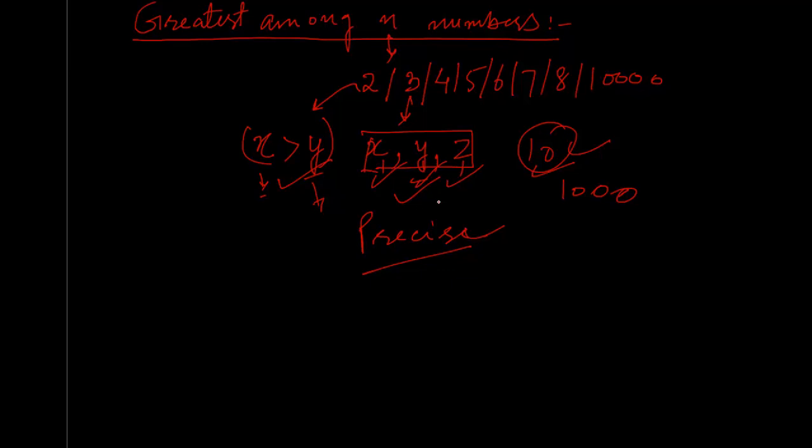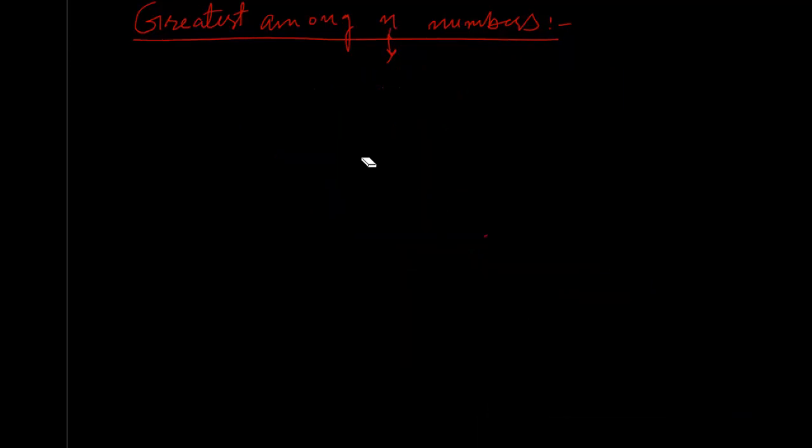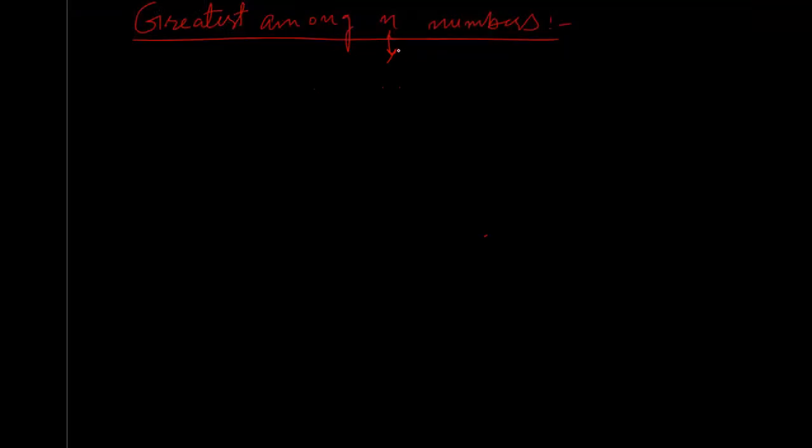So I have to avoid declaring n number of variables. I will make use of only two variables, x and y, to find greatest among n numbers, and I will show you how. Now what will I do? I will consider I have to find greatest among five numbers only, so n is 5 this time.